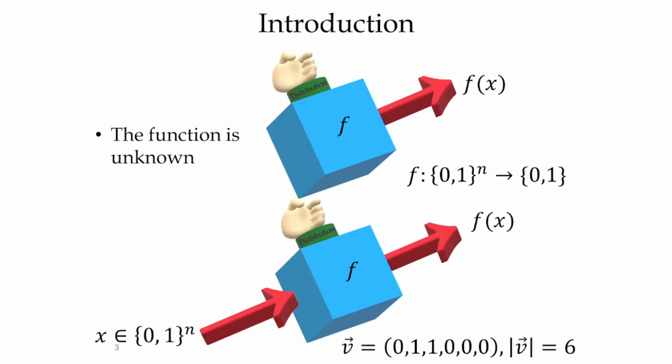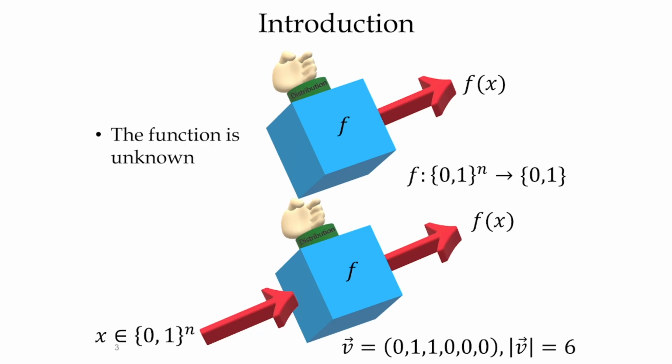Okay, so let's start with the classic model. We have an oracle that accesses a function which receives a Boolean vector with the length n and outputs f of x, where x is the binary string that the oracle received. A Boolean vector with the length n means a number which consists of n digits where the digits could be 0 or 1.